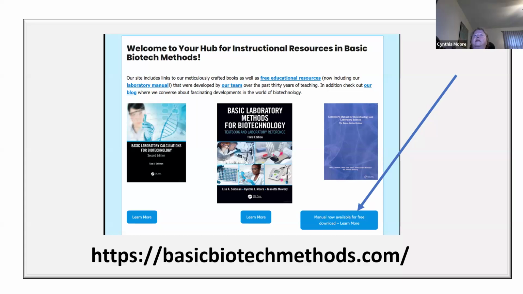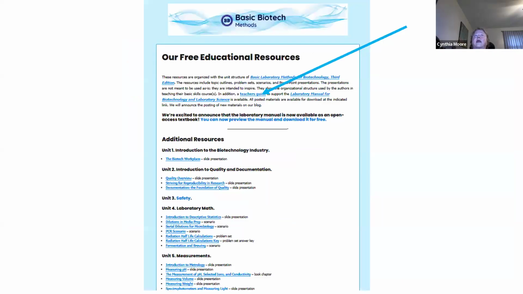All right, let's go to the next slide. We have a page with our free resources. I'll point out that arrow. That arrow is pointing to a teacher's guide that Lisa has made available to support the lab manual.